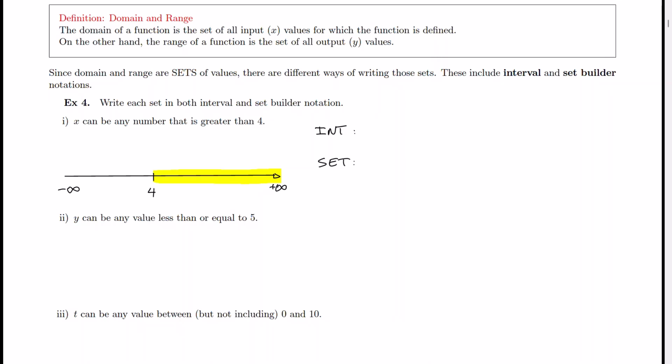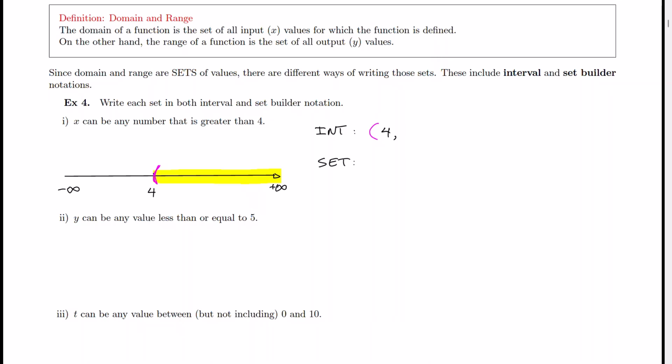To refer to the fact that it cannot be equal to 4, we usually write parentheses on the number line, or sometimes some people like to put an open circle where the 4 is. Either parentheses or open circle, depending on your preference, would imply the same thing. I prefer the parentheses notation because then I can copy that same notation to my interval notation and write the start of the interval, which is in this case 4, and the end of the interval.